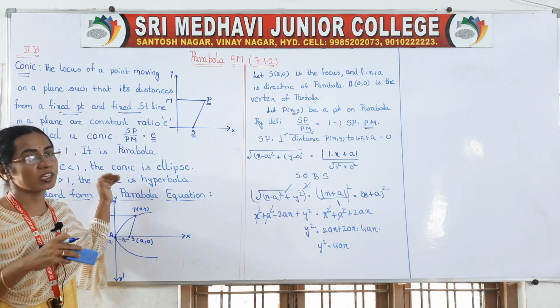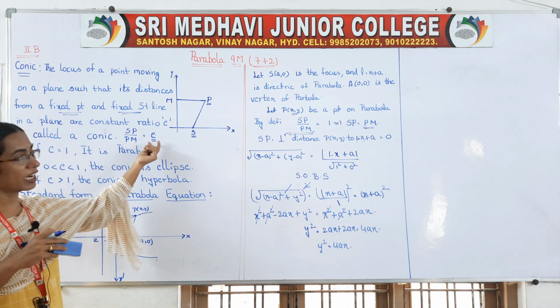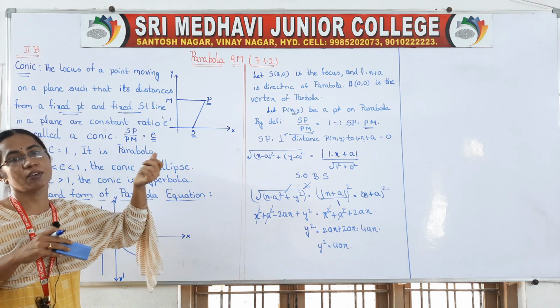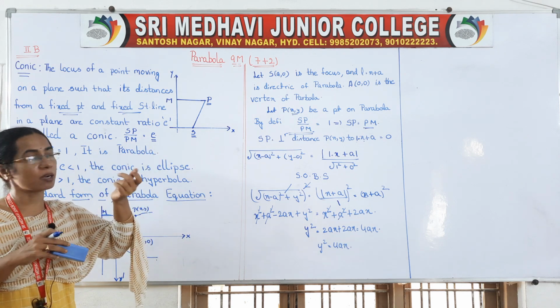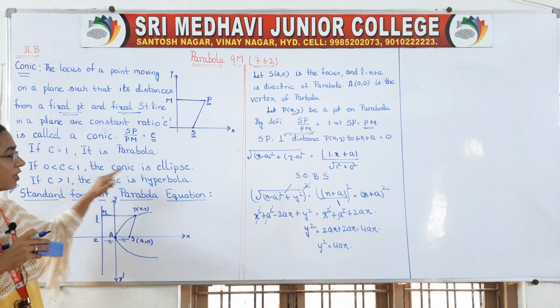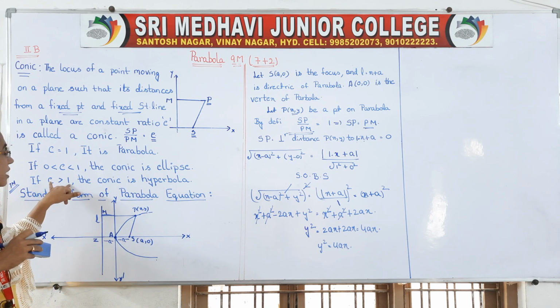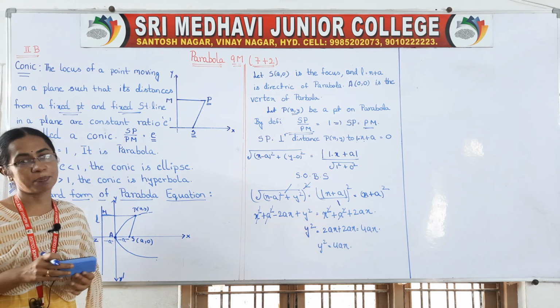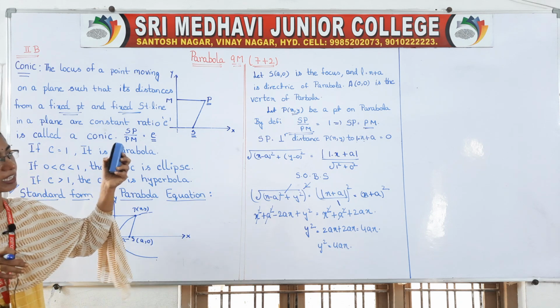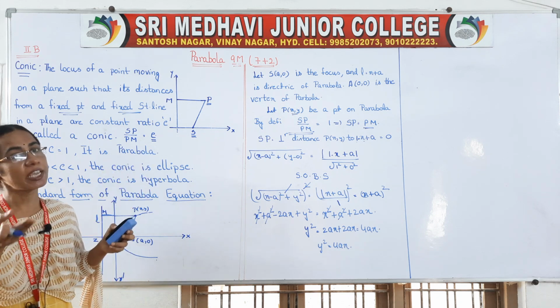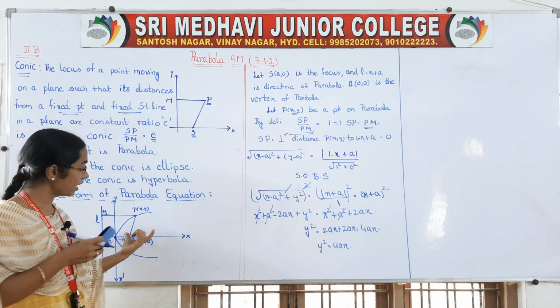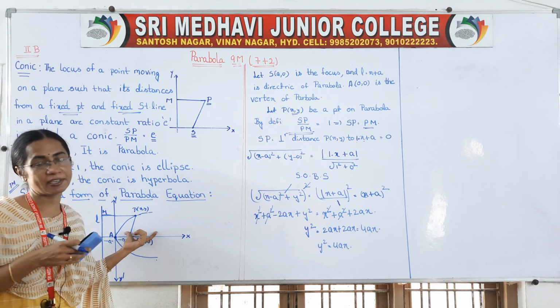It depends on E, the ratio. If E is equal to 1, that curve is called a parabola. If E is less than 1, it is an ellipse, and if E is greater than 1, it is a hyperbola. So we have taken SP by PM is equal to E, where E is equal to 1, which is why we have taken the parabola here.